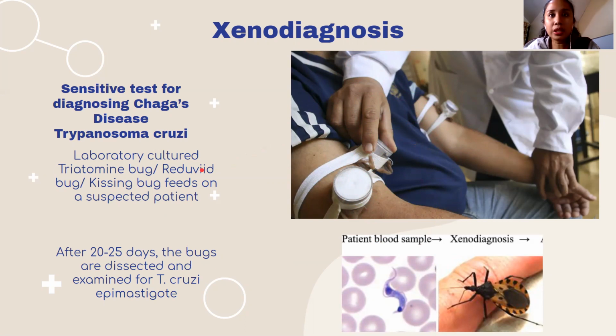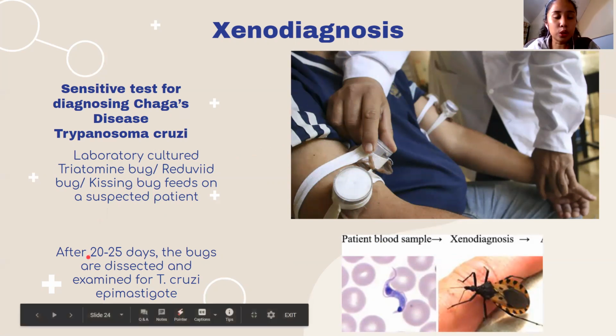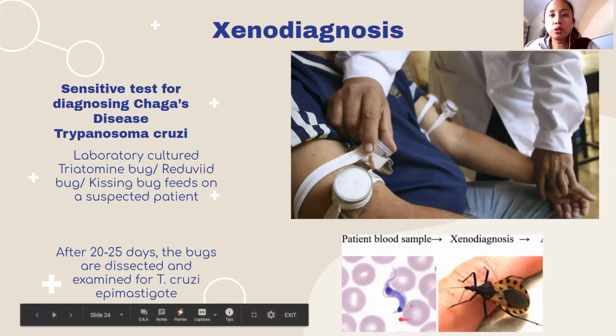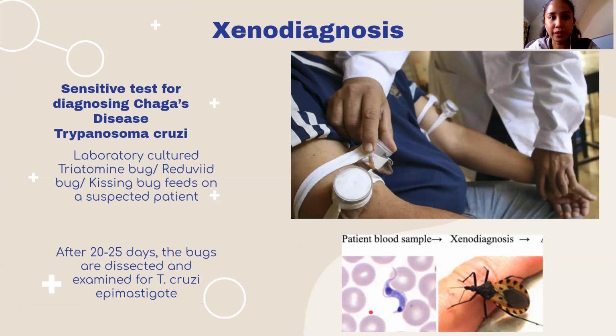After that, they will keep the bugs, and after 20 to 25 days, the bugs are dissected and examined for T. cruzi epimastigote. Epimastigote is a morphological stage in the growth of Trypanosoma cruzi. The characteristic of an epimastigote is the C-shape.